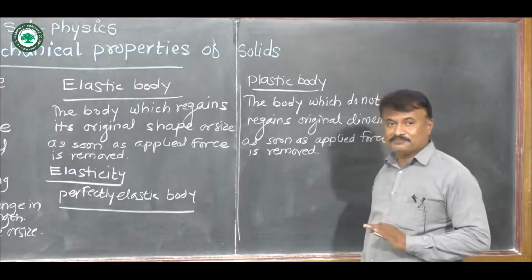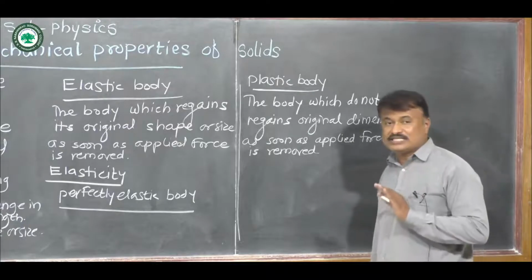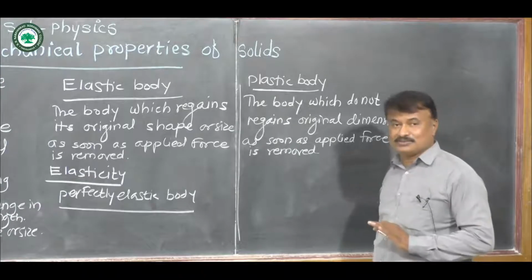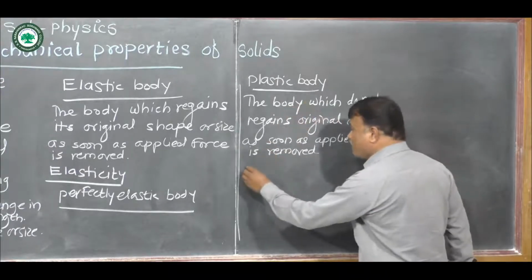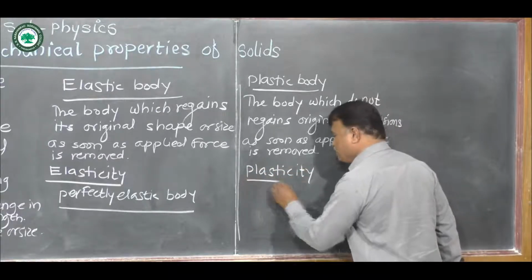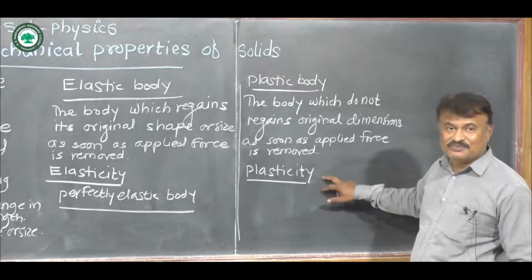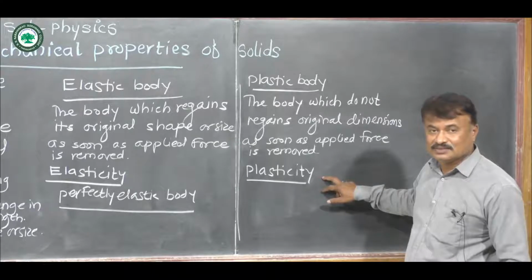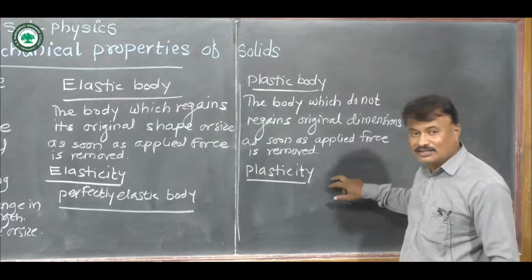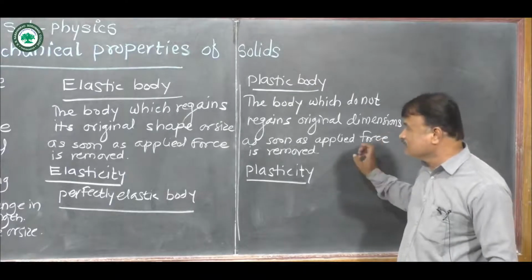So in simple words, what is a plastic body? The body which does not regain its original dimensions as soon as the applied force is removed, and its corresponding property is called plasticity. So again we define plasticity. A very simple definition: the property by virtue of which a material body does not regain its original dimensions as soon as the applied force is removed.